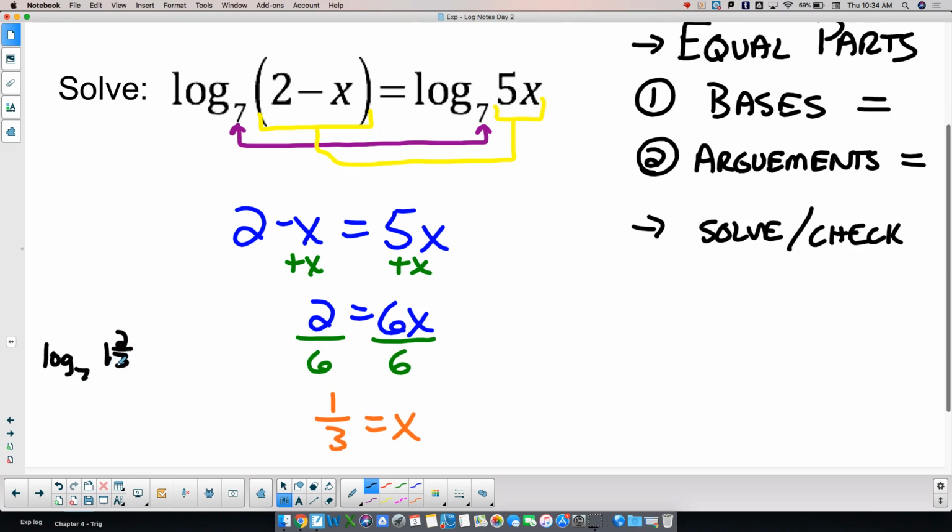On the other side, I'd have log base 7 of 5/3. Those are both equal, actually. 1 2/3 is 5/3. Both have positive arguments, so it's good. So 1/3 is my answer.